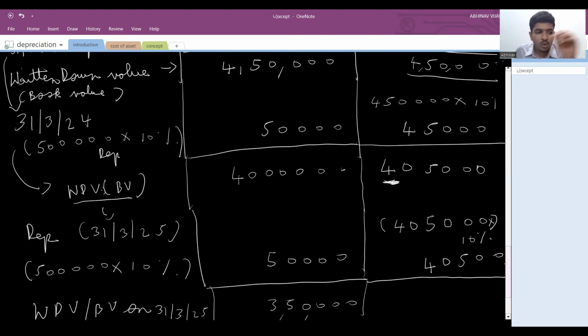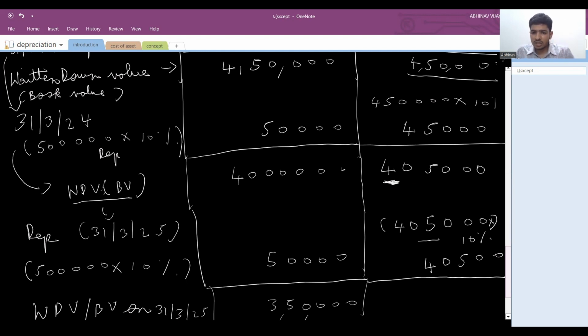Now I need you to understand a very important concept here. I hope you paid attention to what I was telling you about depreciation under WDV: it is always calculated on the value of the asset as on the first day of the year on which depreciation is charged.